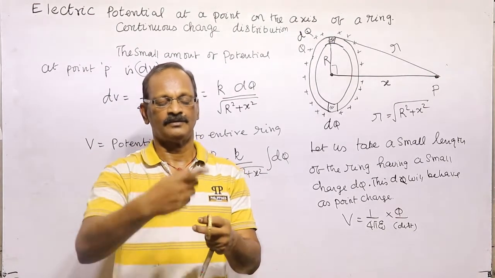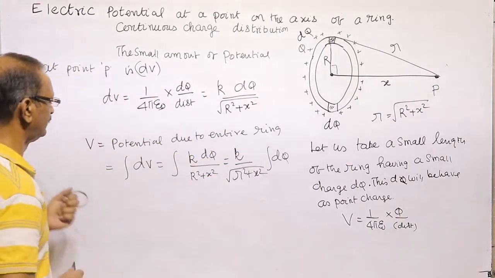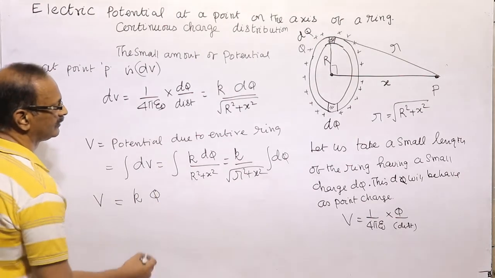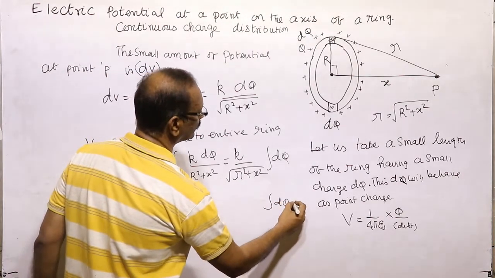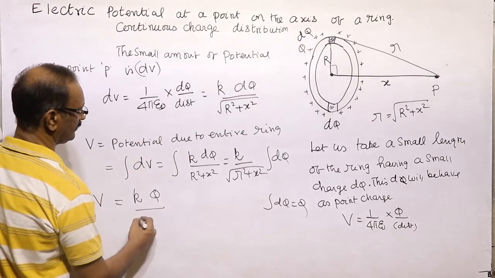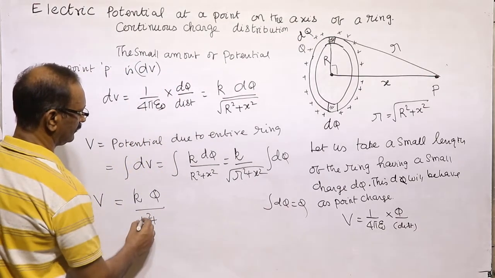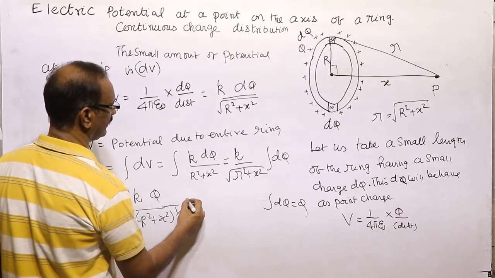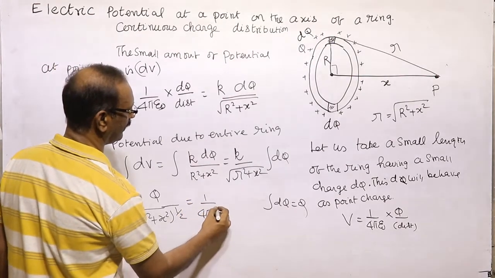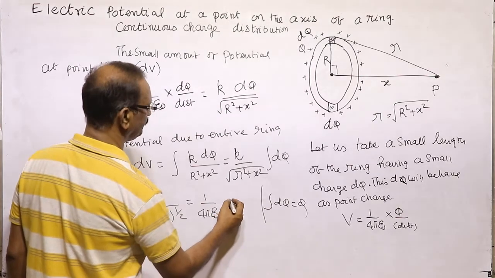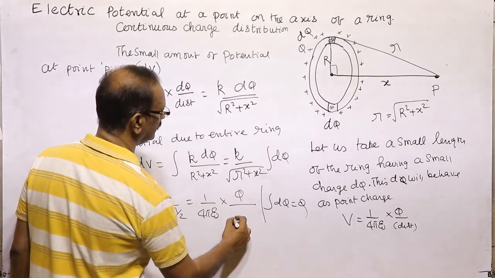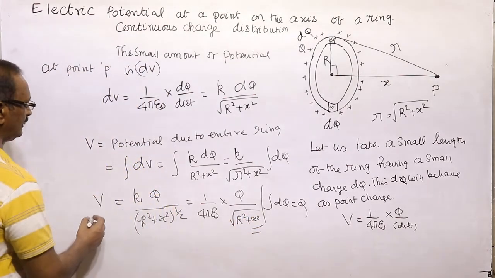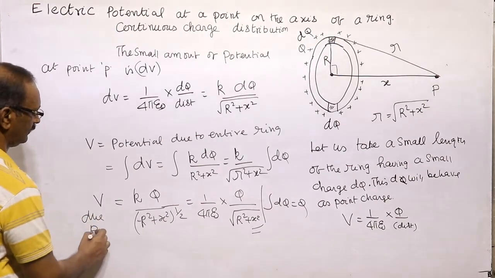If you add up everything, the integration of all the charge is equal to the total charge Q. So V is equal to K into Q divided by the square root of r square plus x square, or we can write 1 by 4 pi epsilon naught into Q divided by under root r square plus x square. This is the expression for potential due to the total ring.